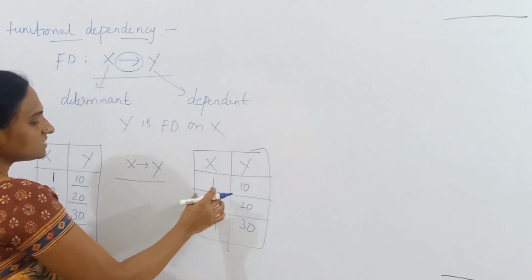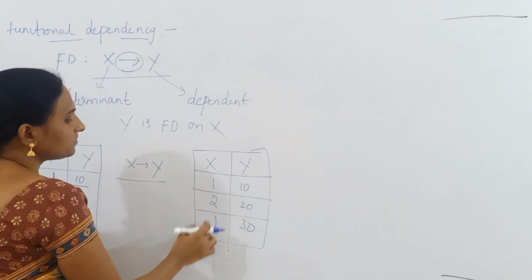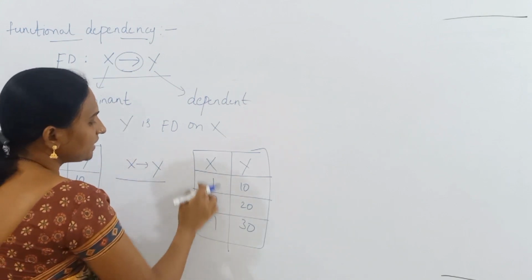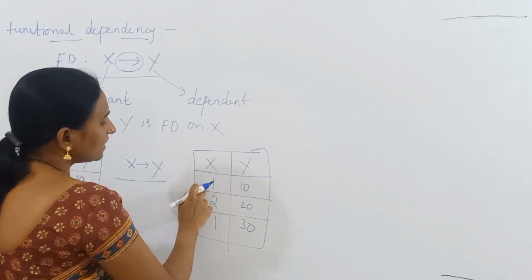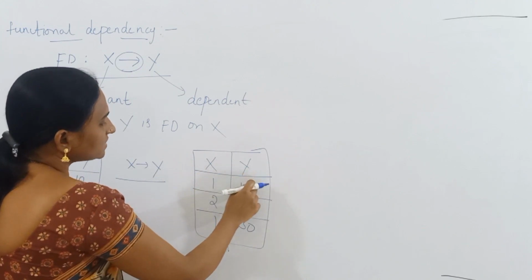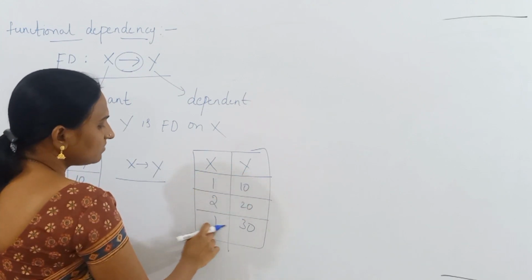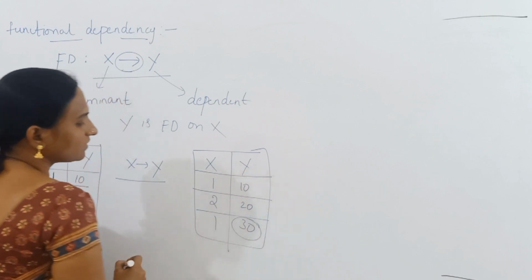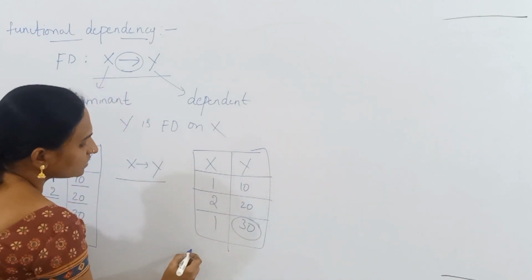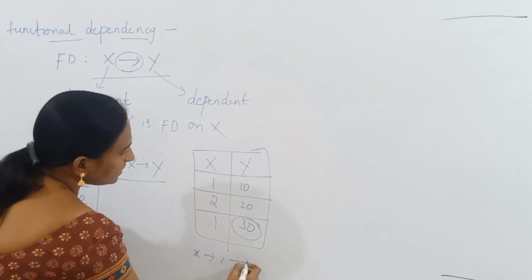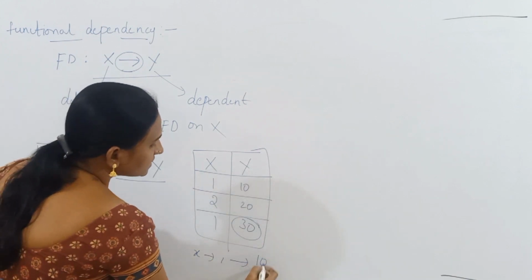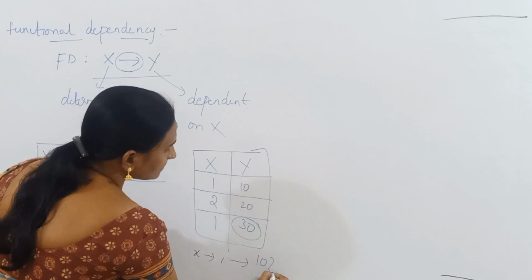By observing this table, the X values are repeated. 1 is repeated 2 times. Here X value is 1, the value of Y is 10. Here also X value is 1, but value of Y is 30. So, at the same X value 1, the Y values are different. 1 is 10 and 1 is 30.